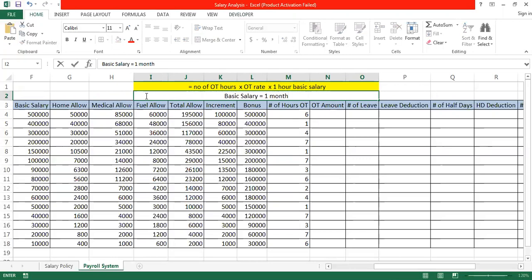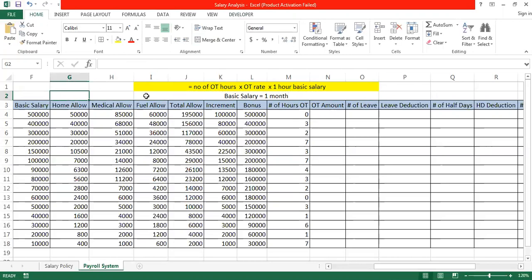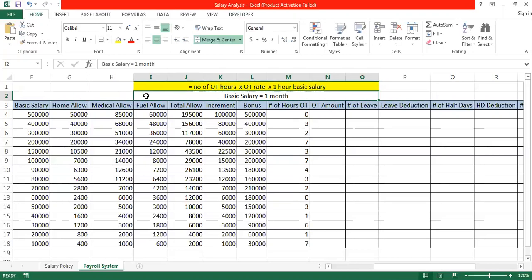If we divide that 1 month basic salary by 30, it becomes the 1 day salary.